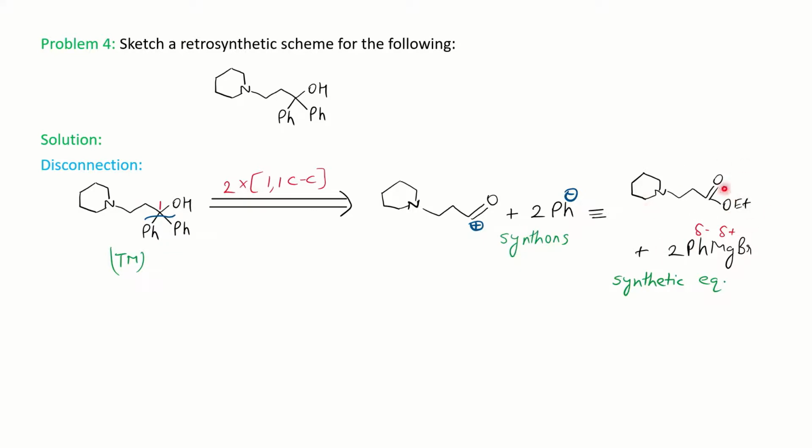So either you can write an ester here, or, if the positive species has an OH group, you can write an aldehyde. In that case, I have written an ester, since by mistake I had written a carbonyl group here, so accordingly I designed an ester.